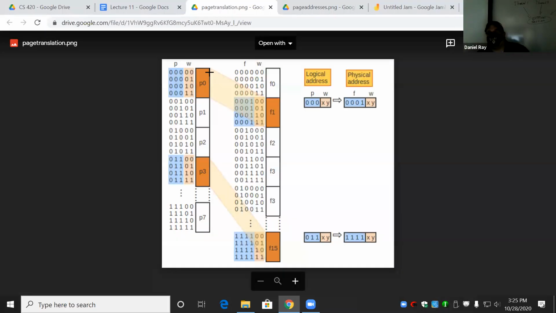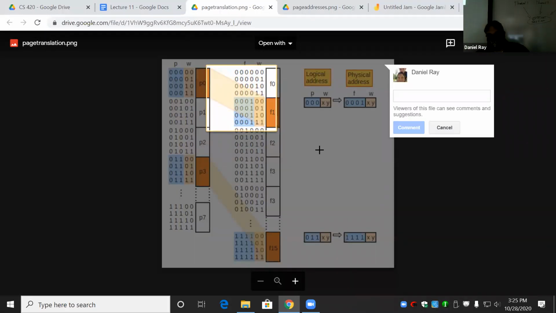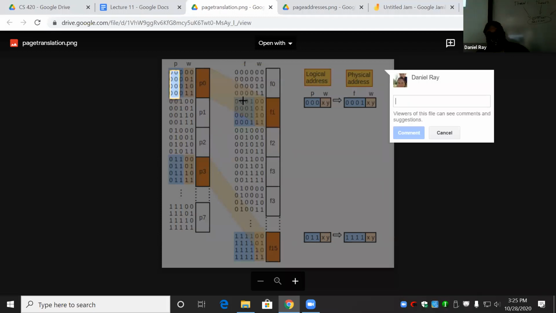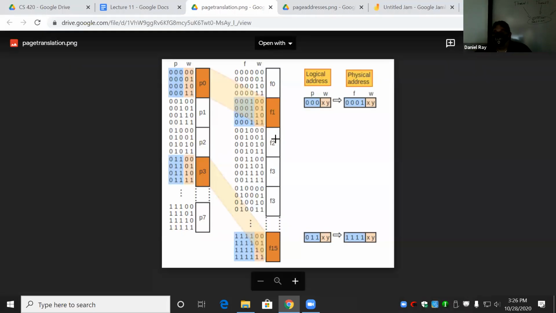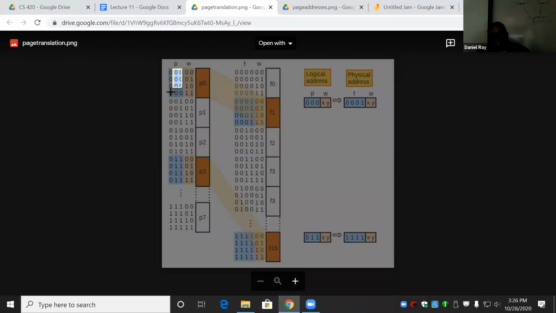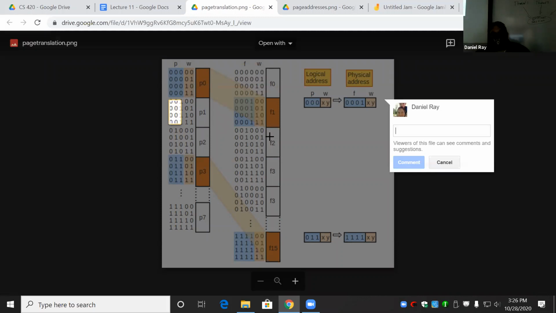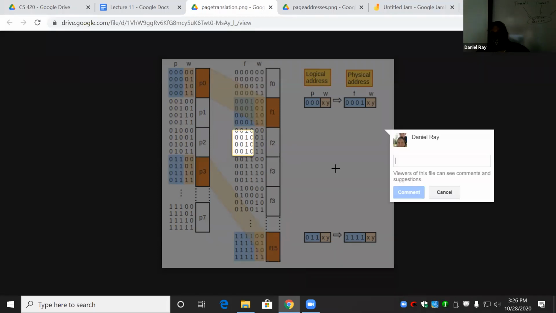And I turned the lights off because it's very difficult to see that light yellow shadow highlight when the lights are on. But that's meant to show that this page number maps to this frame number. So somewhere there's got to be a table that maps all the page numbers for each process to the frame number in physical memory.